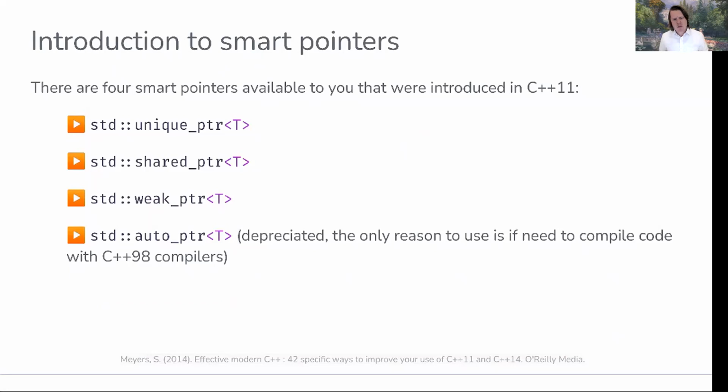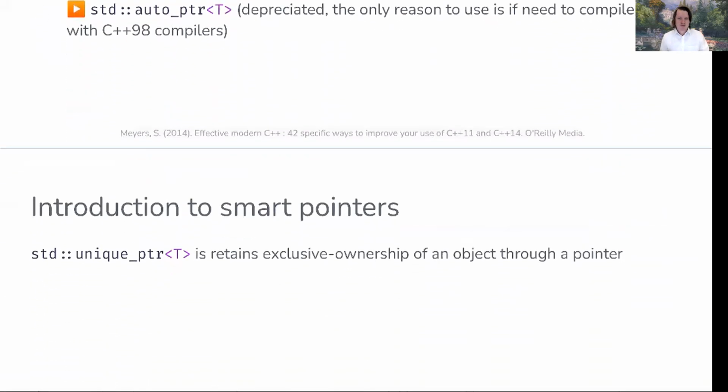And then we noted the weak pointer, which we mentioned we're not going to get into too much detail on. The final smart pointer that we introduced was the auto pointer, which we said has been deprecated. It was introduced in the C++ 1998 standard, and the only reason to employ this smart pointer was if you, for some reason, needed to compile code with that standard of the programming language.